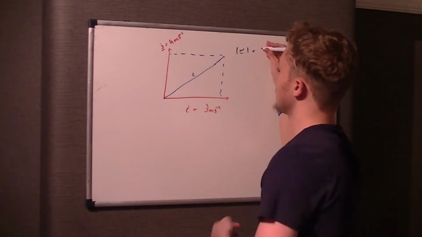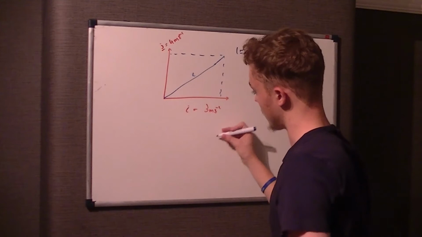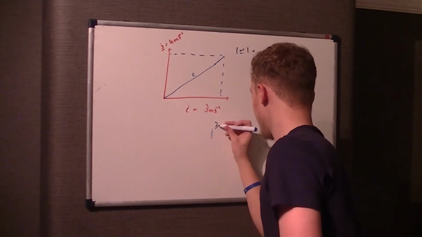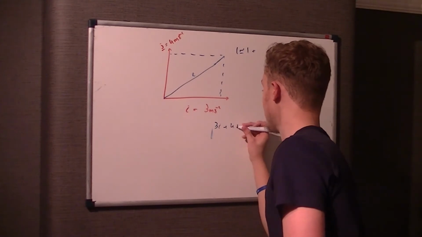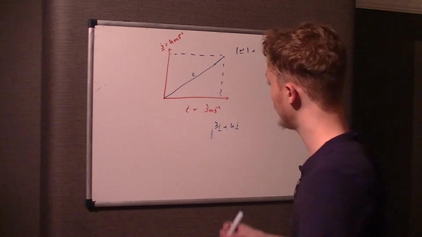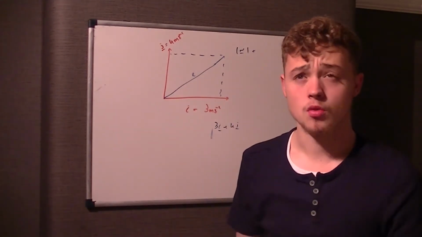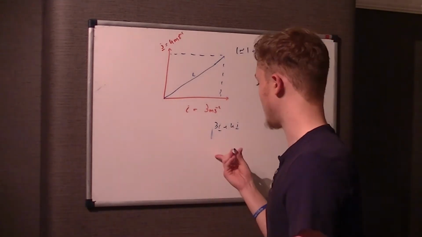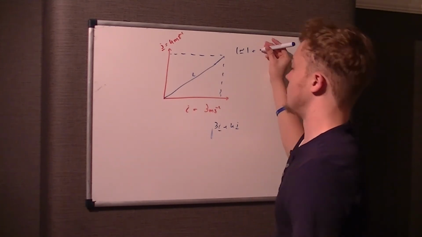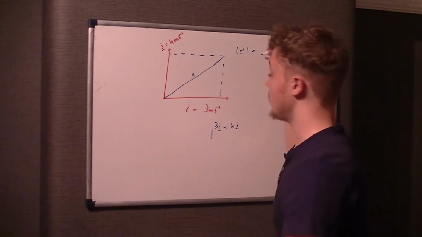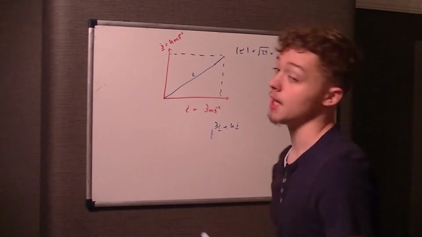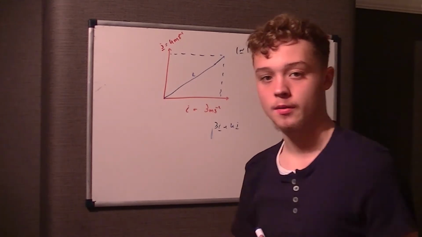R is 3i plus 4j. To work that out, you square 3 and square 4, which gives the square root of 9 plus 16, which is the square root of 25. The square root of 25 equals 5, therefore R has a speed of 5 meters per second.